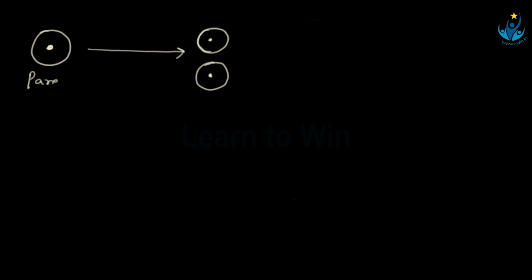So hypothetically, if I have this single cell, you can take whatever you want, a prokaryotic cell, eukaryotic cell, whatever. This cell will divide to form two daughter cells. So these are the two daughter cells. All the events happening from the parent cell until they become the daughter cells, we will put under the cell cycle.